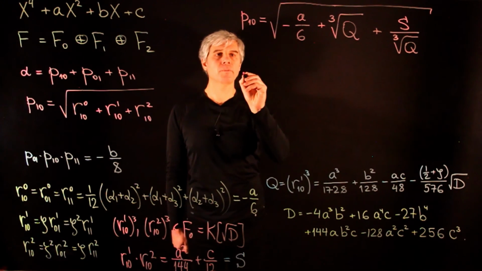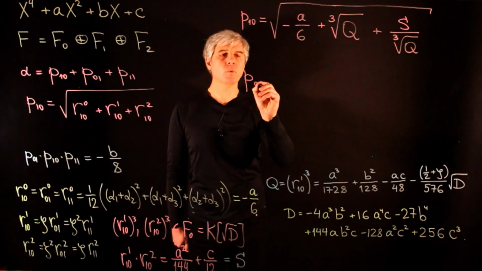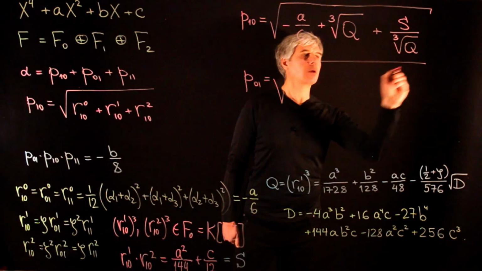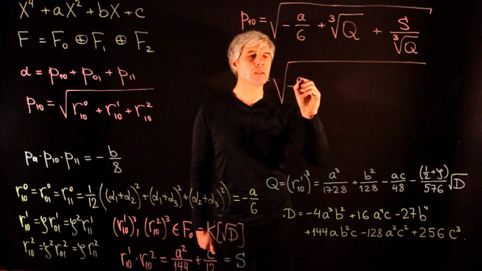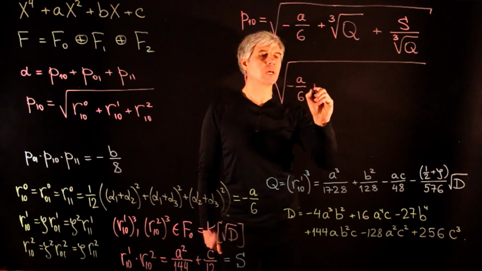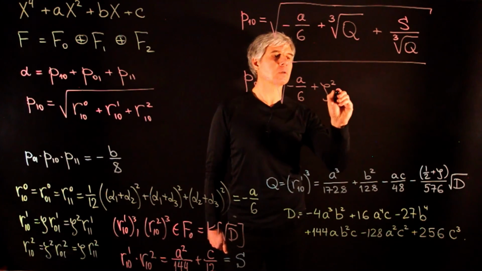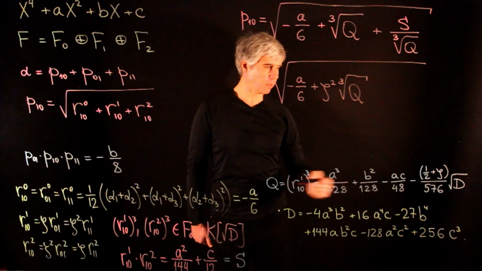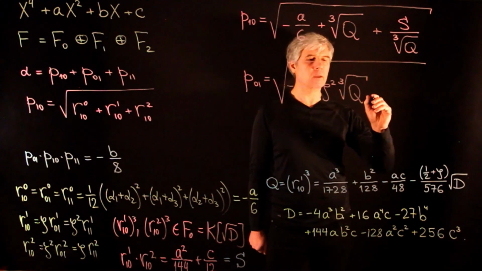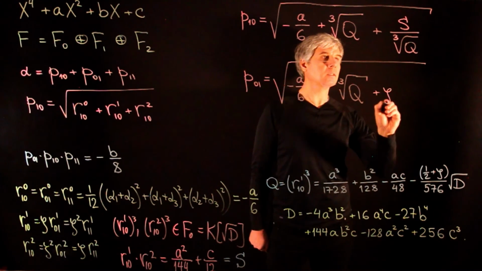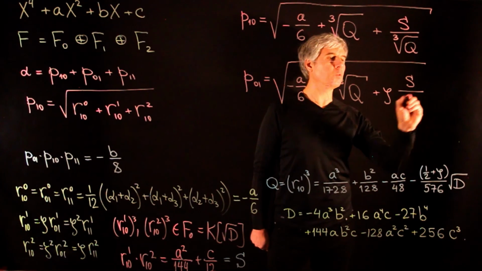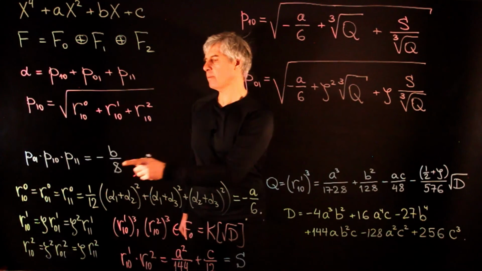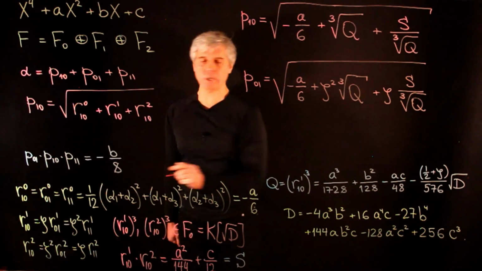The expression for P01 is also a square root of minus A over 6 plus zeta squared cube root of Q, where Q is given by this complicated expression, plus zeta times S over the same value of cube root of Q. And finally, P11 is expressed from this formula.